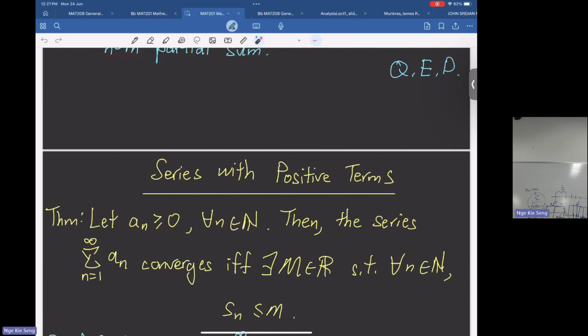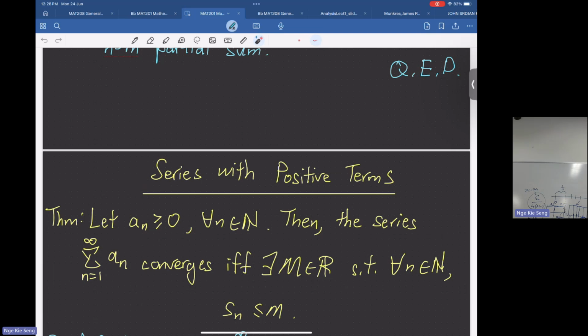The monotone convergence theorem. The monotone convergence theorem says a bounded monotone sequence converges. I gave you bounded already. Do you have the monotone condition here? Monotone means two conditions: either the staircase goes up or goes down, so non-decreasing or non-increasing.